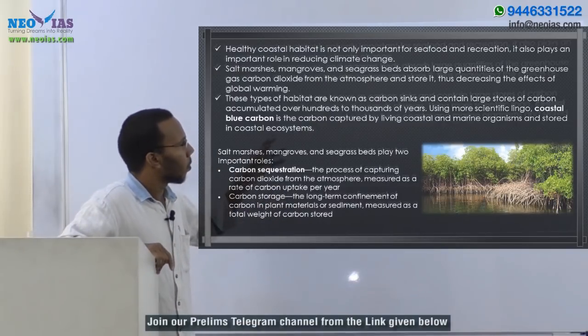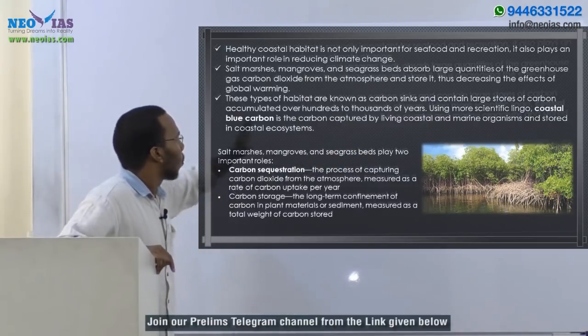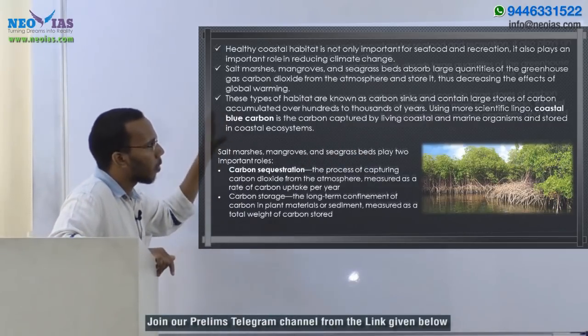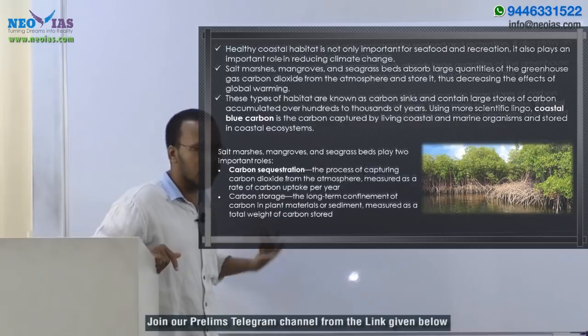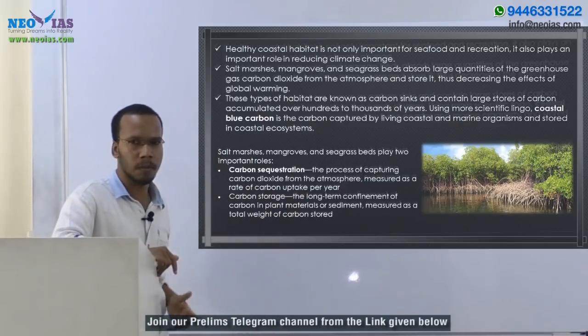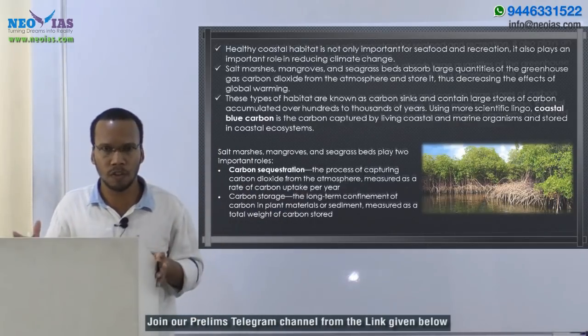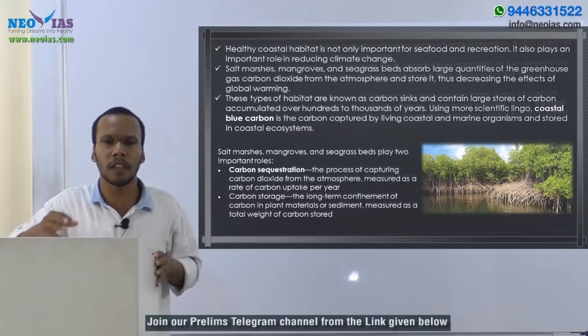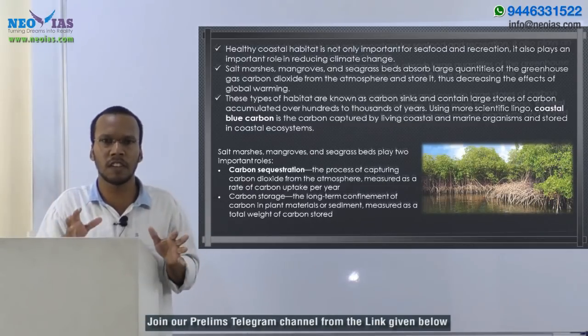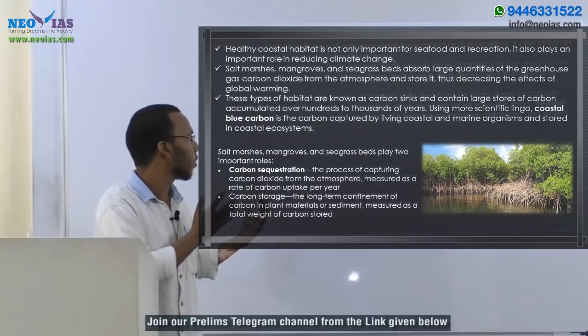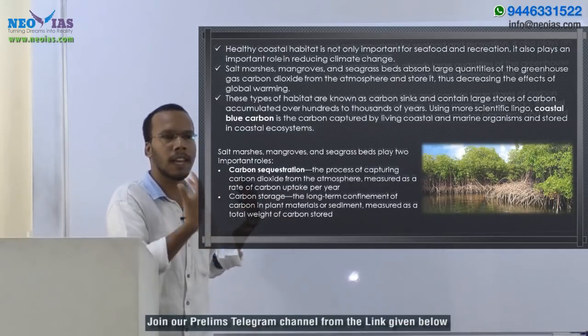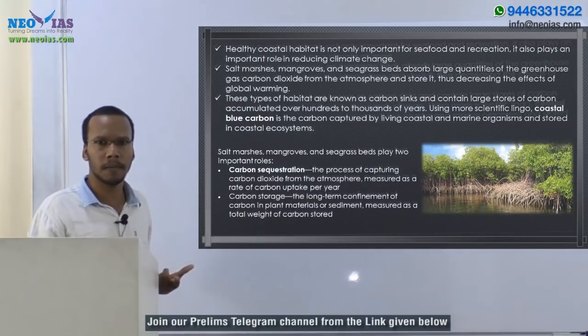Using more scientific lingo, coastal blue carbon is the carbon captured by living coastal and marine organisms and stored in coastal ecosystems. So whatever carbon dioxide is captured by the living organisms and vegetation in the coastal region, coastal wetlands or coastal ecosystems, that is known as coastal blue carbon.